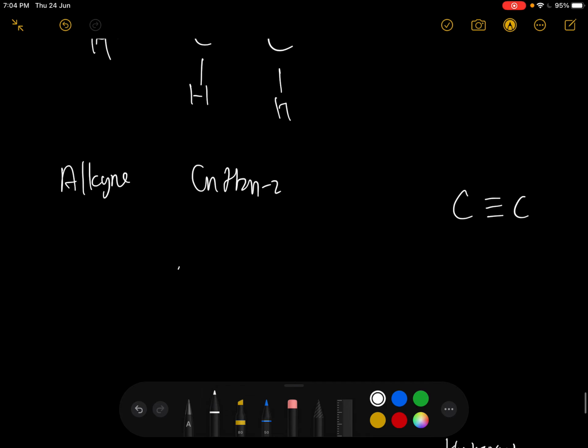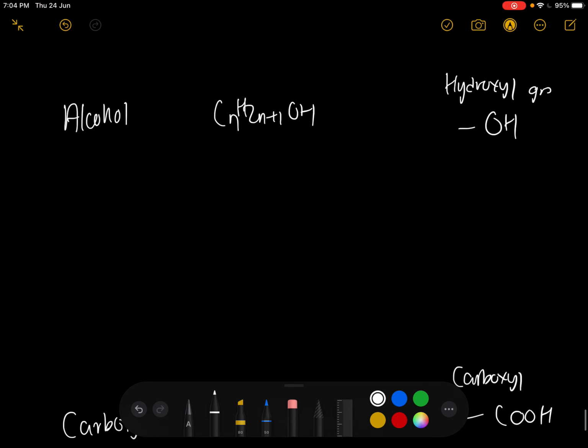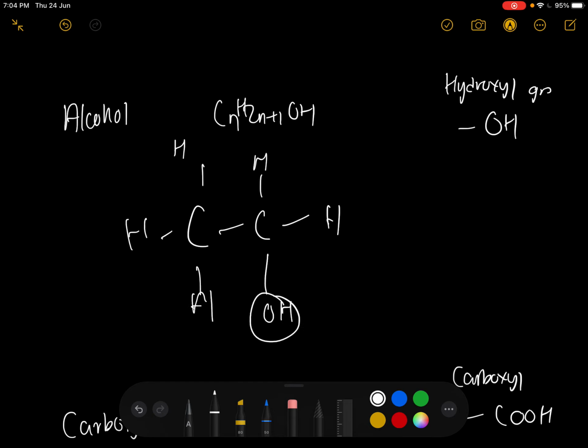So this is an alkene, and then alkyne, C triple bond C, and then alcohol is similar to, what was it again? Alkane, which is basically single bond, is saturated, and then H, H, H, H, H, and then OH.